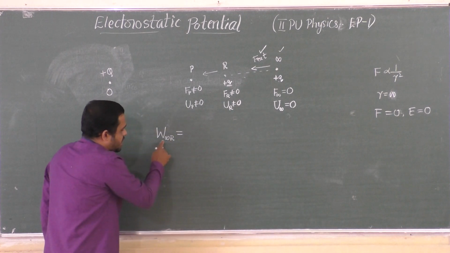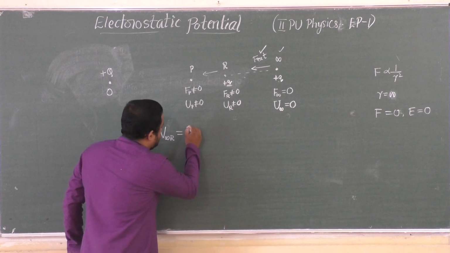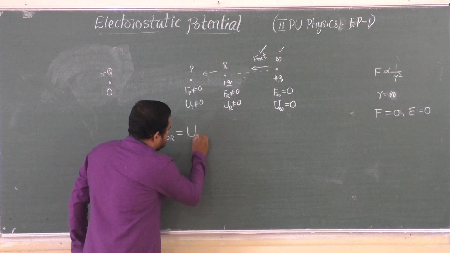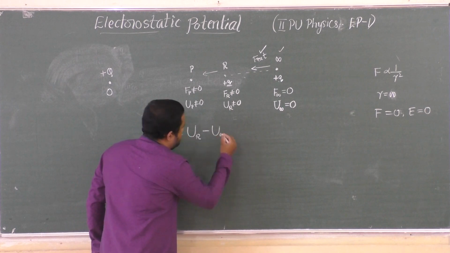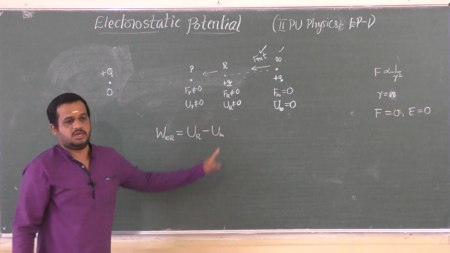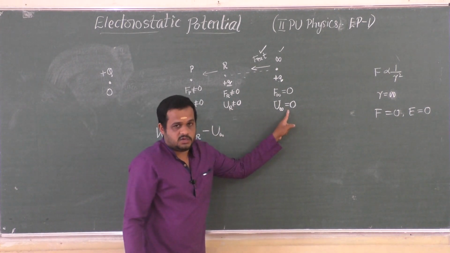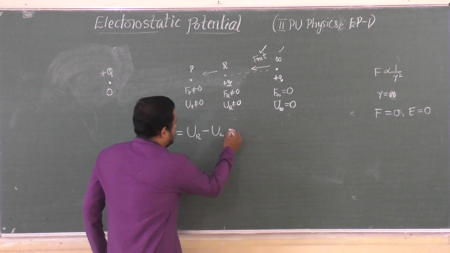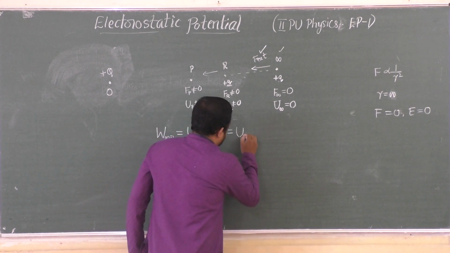So the amount of work done is equal to the change in potential energy, that is UR minus U infinity, final potential energy minus initial potential energy. But we know that U infinity is equal to 0. Therefore, it is equal to UR.